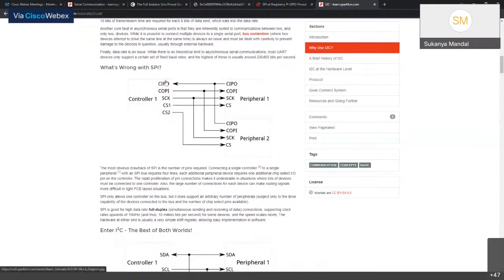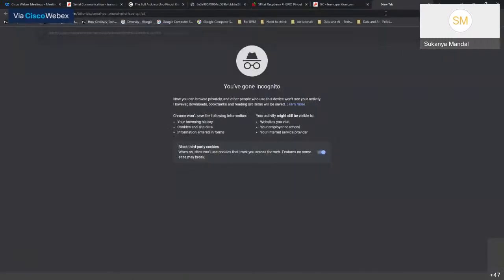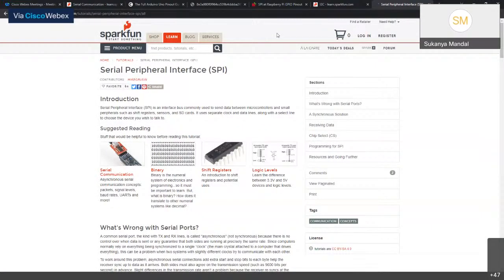Okay, now, what's wrong with SPI? Before that, let's understand what SPI is, and then we'll come back to I2C. SPI, or the Serial Peripheral Interface, is basically an interface bus commonly used for sending data between microcontrollers and small peripherals such as shift registers, sensors, and SD cards.